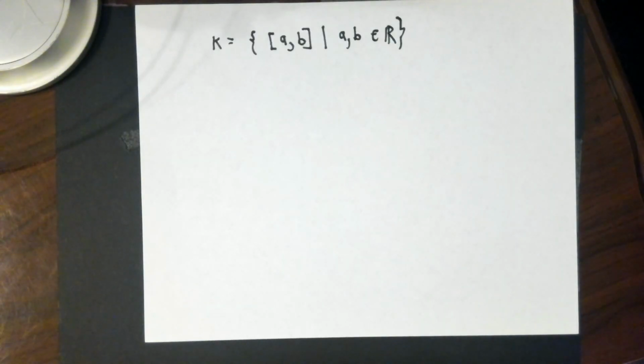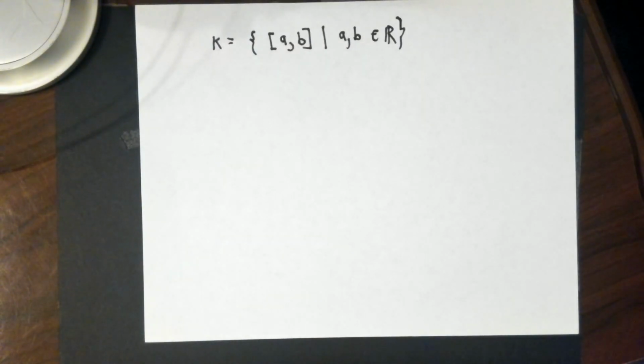I'm going to let capital K be the collection of all pairs of numbers A and B, where A and B are real numbers. In this setting, I don't care if any of them are 0 or not, except in one special situation that we'll talk about later.